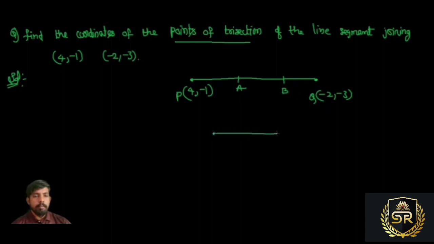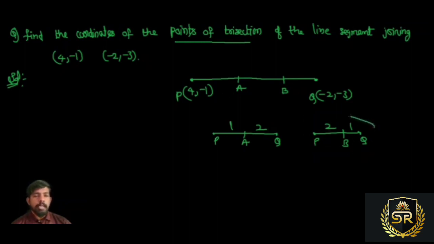With this point P and this point Q, A divides PQ in 1:2 ratio, and B divides PQ in 2:1 ratio.